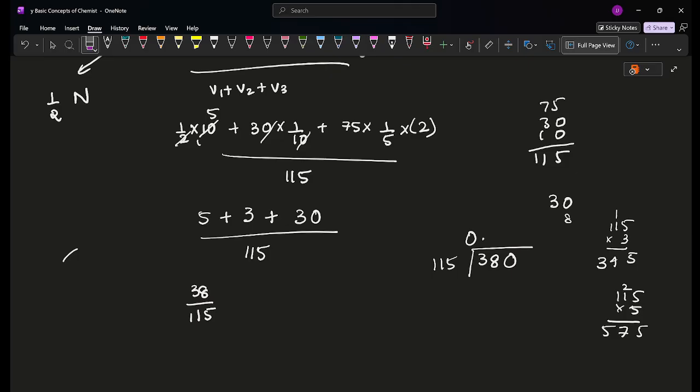According to what they've done here, they've divided the normality with the n factor. That was the only wrong thing that we've done.